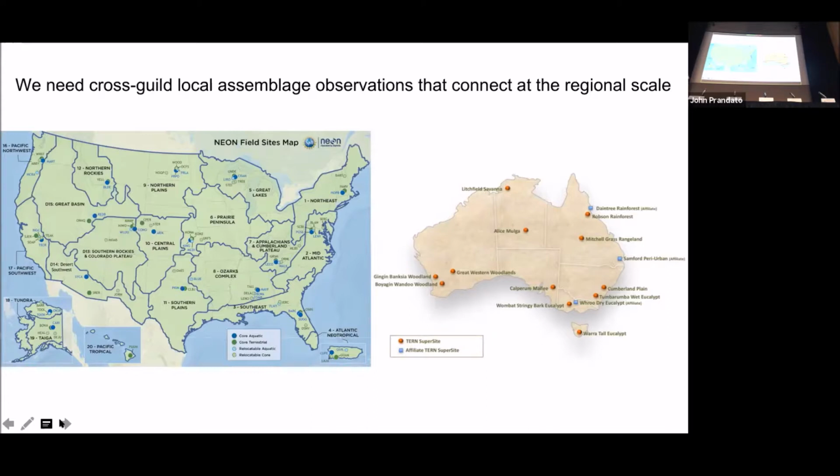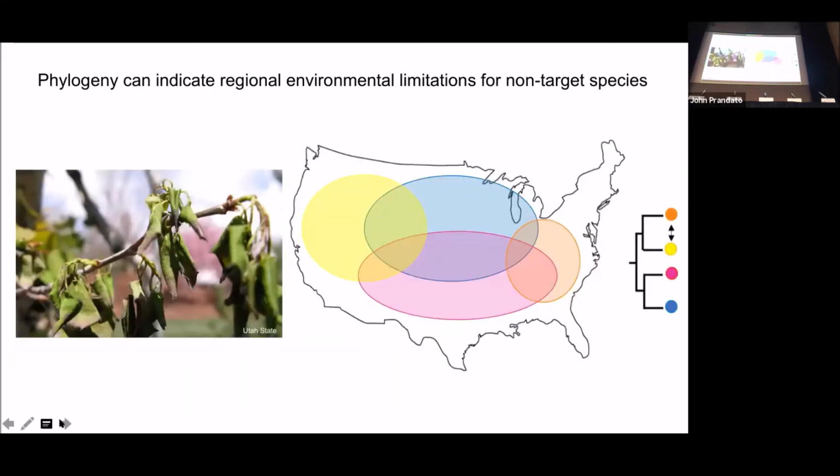So what can data like these and phylogenies tell us about where species will occur? First, phylogeny can tell us whether closely related species share environmental sensitivities. So for instance, at this regional scale, you can see that close relatives pink and blue share some of their sensitivities, whereas close relatives orange and yellow do not.